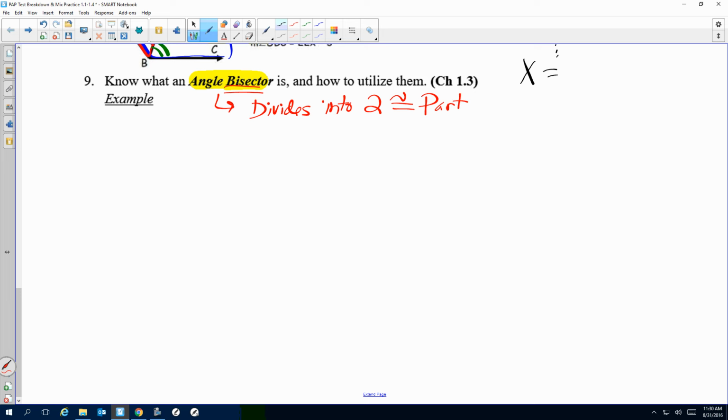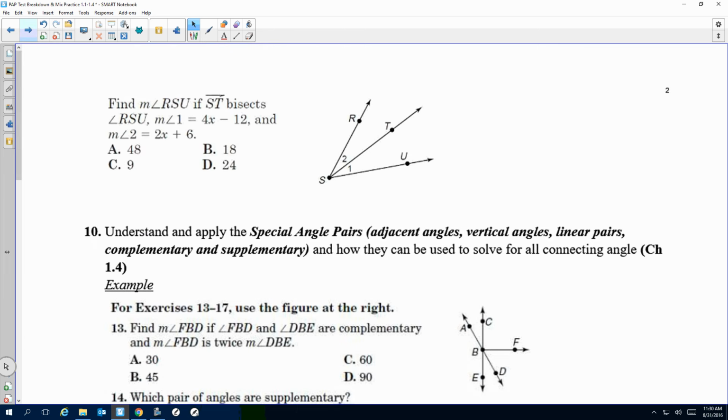Some people say splits in half. Just make sure you either divide by 2 or you have 2 equal parts, because it depends on what I ask.